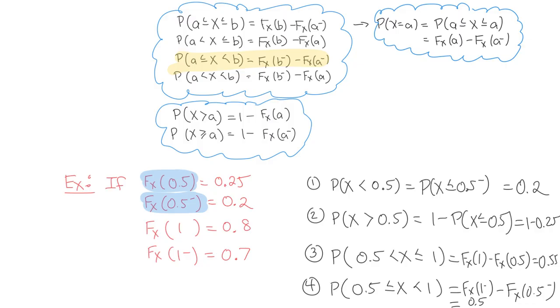Now looking back at that top equation here, the probability that x is between a and b can also be applied in the strange setting where a and b are the same. In that case, it tells us that the probability that x equals a is found by taking the CDF at a minus the CDF a tiny bit before that.